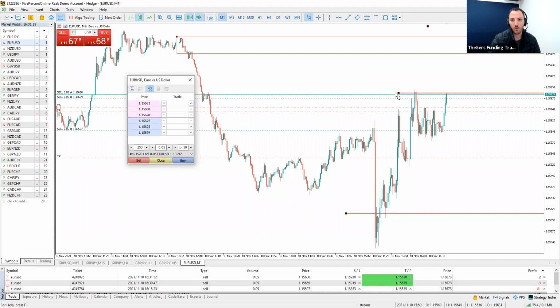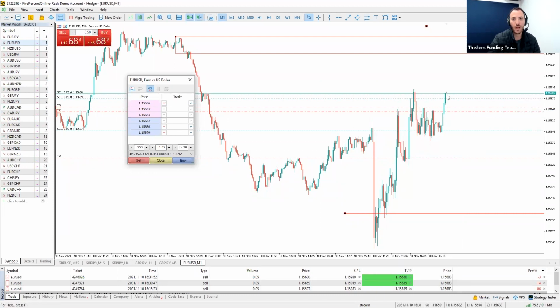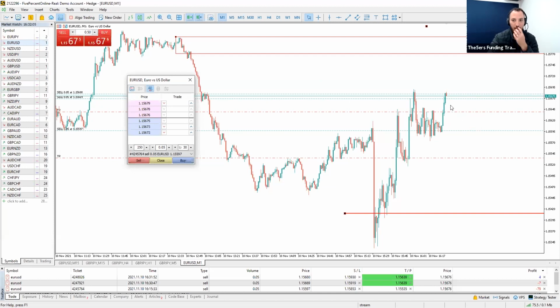Now place 1 more after confirmation. For the third one, I want to see any kind of confirmation. Okay, that was without confirmation. I'm just relying on this resistance to hold. Now let's see if I get a fake out or something to tell me to go short again.